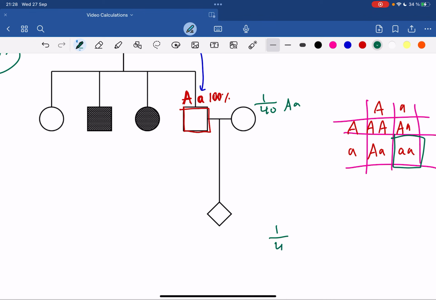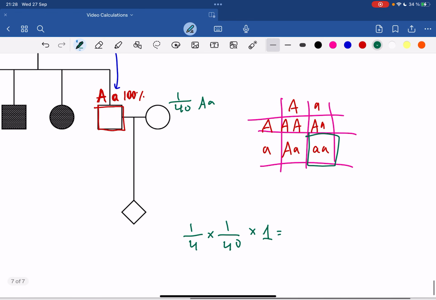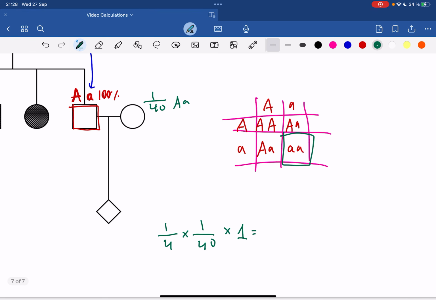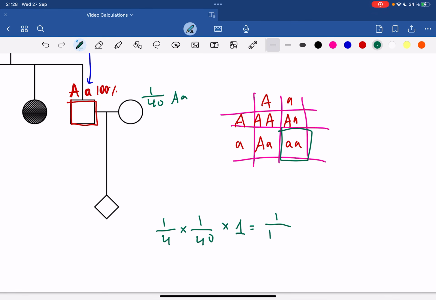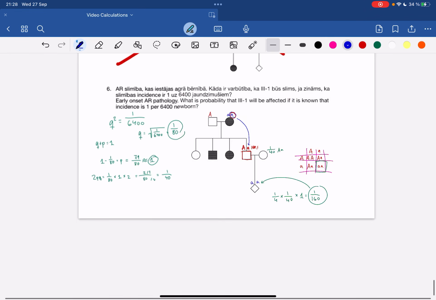So let's write 1 out of 4 times mother's probability to be heterozygous, which we got from the population, times father's probability to be heterozygous, which is 1 because it's 100%. And that is equal to 1 out of 160 chance for this kid to be affected.